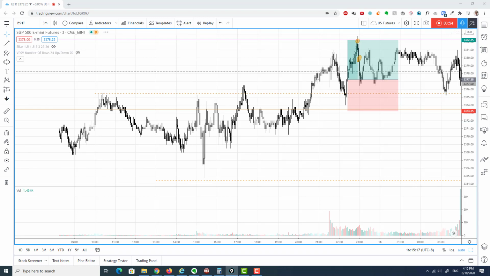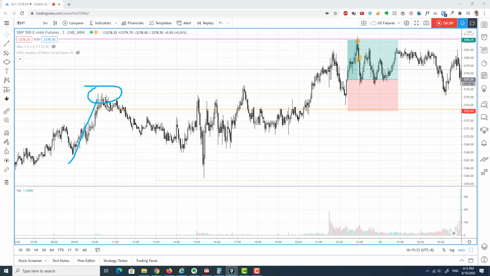Prior to that, we have one touch and then a rejection here, and this is a rally touching the 3375 level, which got rejected. Subsequently we have a relatively grinding down type of reaction, and then another attempt to rally, which was rejected again at 3 p.m. my time, but this time the movement is a little bit sharper.